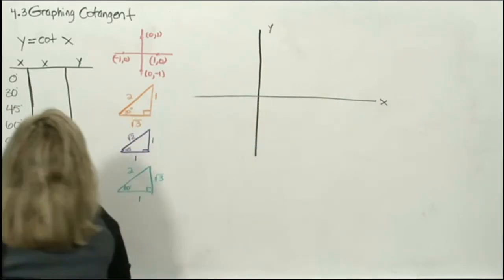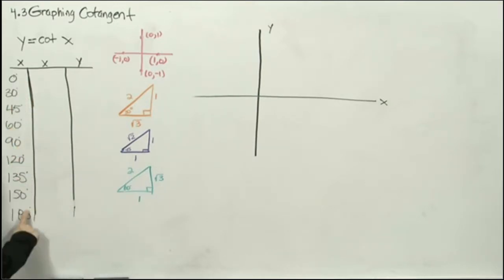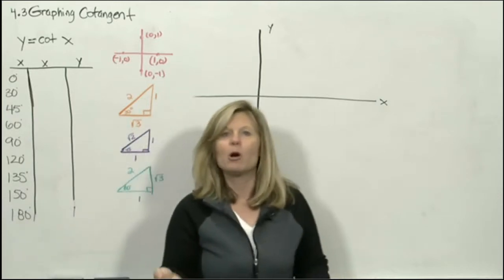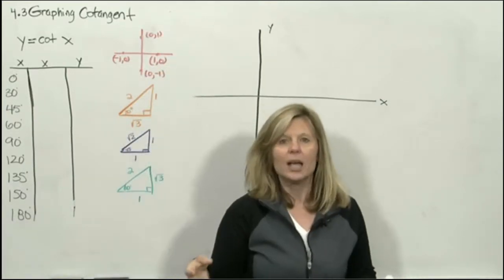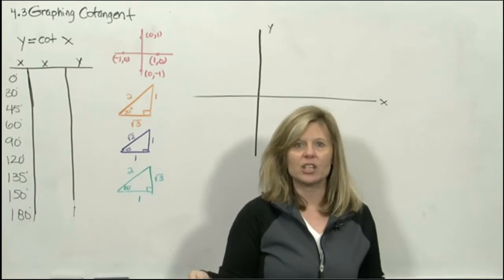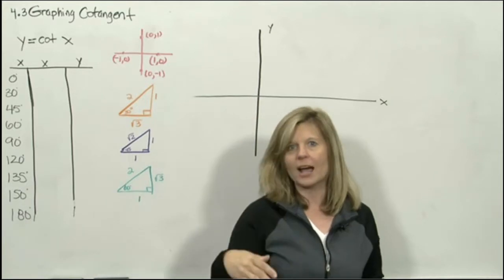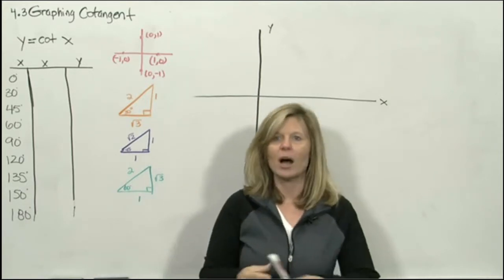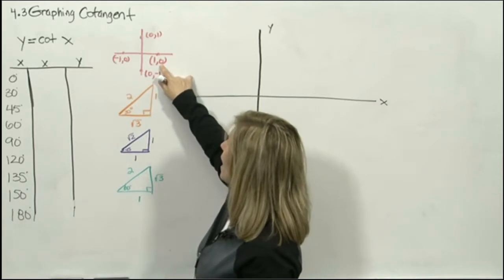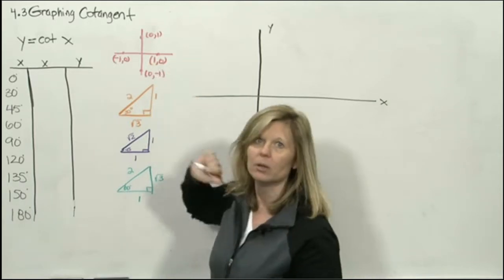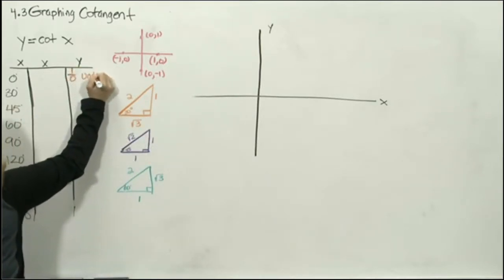All right, so let's first look up our quadrantal angles. So we're going to look up 0, 90, and 180. To look up cotangent on the unit circle, we have our ordered pairs, our coordinates. And to look up cotangent, the definition is the reciprocal of tangent. So tangent was y over x, cotangent's x over y. So if I go to 0 degrees, x over y would be 1 over 0, which is undefined.